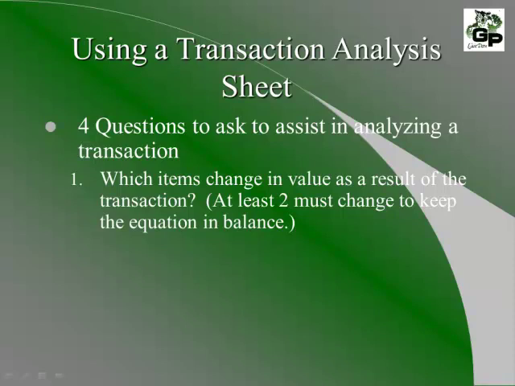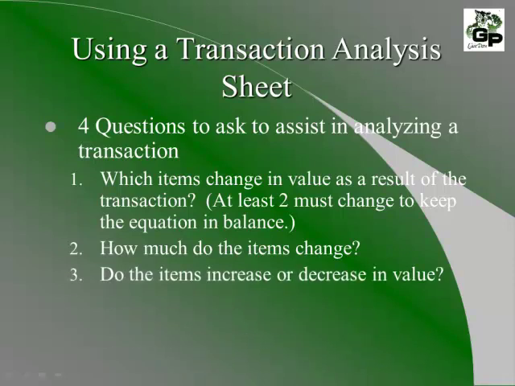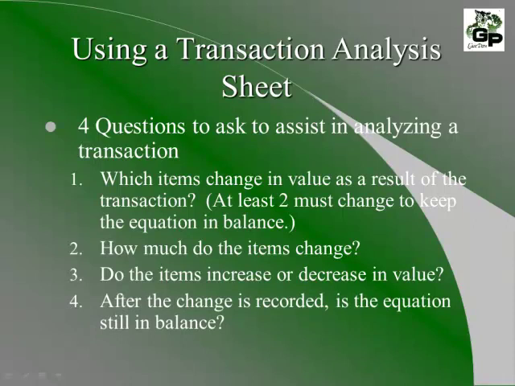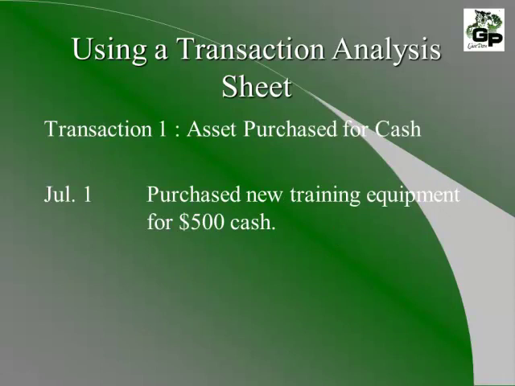First of all, which items change in value as a result of the transaction? At least 2 must change to keep the equation in balance. 2, how much do the items change? 3, do the items increase or decrease in value? 4, after the change is recorded, is the equation still in balance?